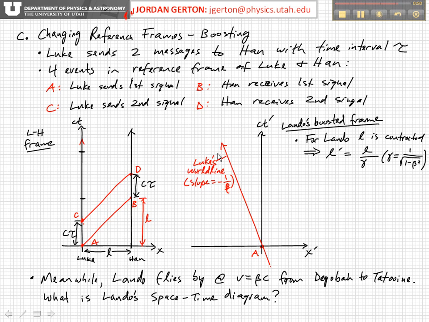So Han's world line has to have the same slope as Luke's, but it's not separated by the same distance as it is in Luke's reference frame. Okay, so there it is. There's Han's world line, and you can see it has the same slope, but the distance between the two world lines, that separation between Han and Luke, according to Lando, is smaller.